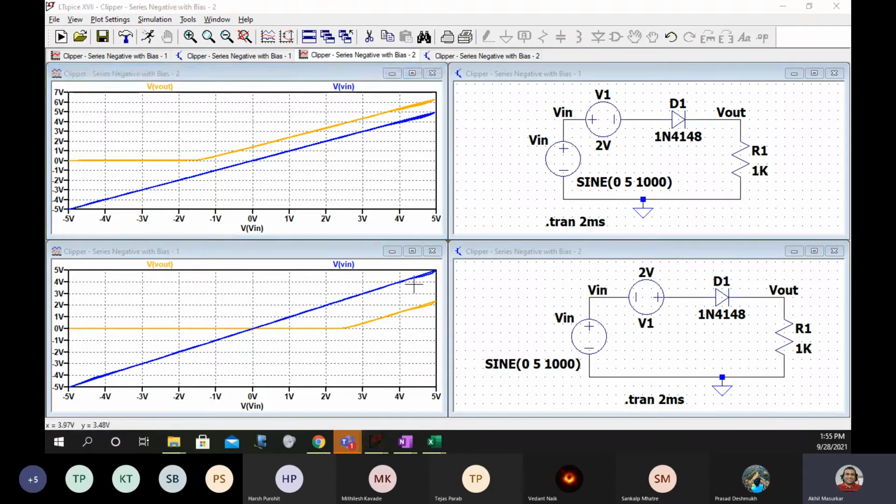Now you put this in the chat box and verify whether you have got these voltages or not.